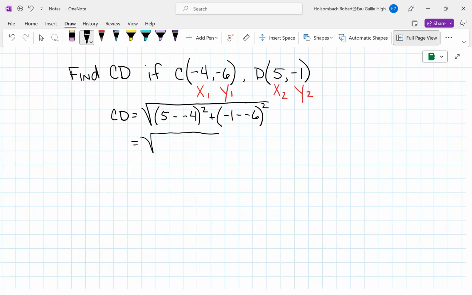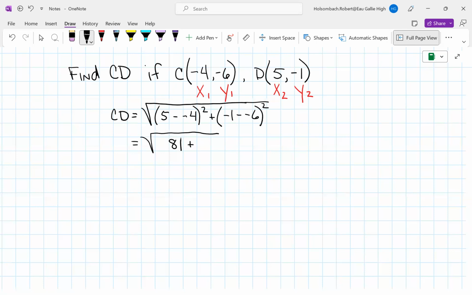So here, we got 5 minus negative 4. So 5 minus negative 4 equals 9, and hit the x squared button. And get 81, plus, be careful here when you've got a negative and you're subtracting another negative.